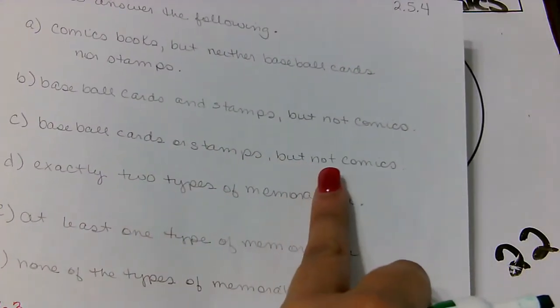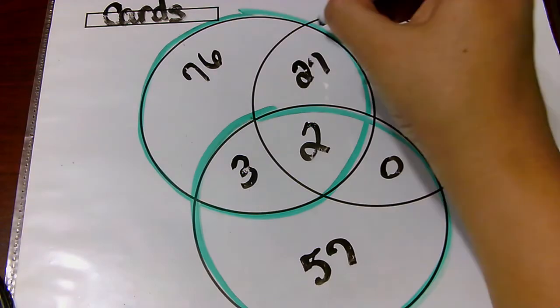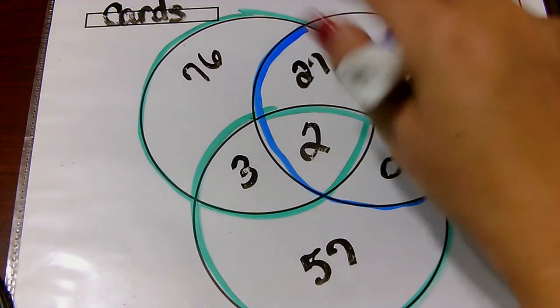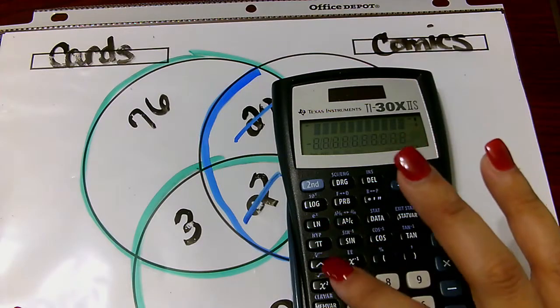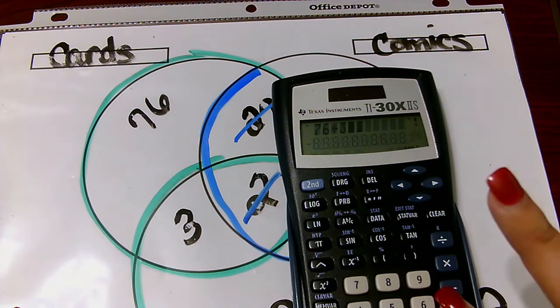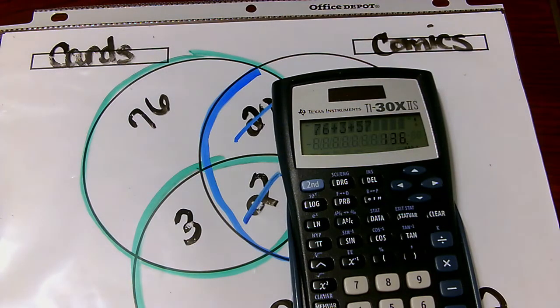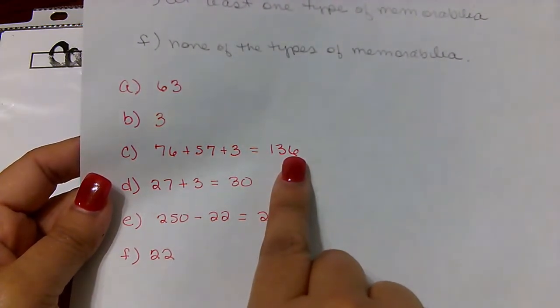But then it says not comics. So anything in the comic circle, which I'm going to go ahead and mark in blue, is this part. So we do not want the 27 or the 2. We only want the parts in green. So if we add those up together, 76 plus 3 plus 57, we would get 136 people, okay, which is what I have here, 136.